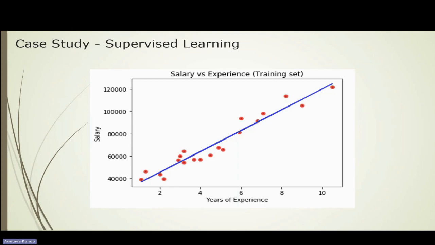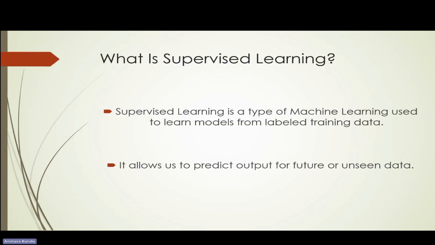What we have to do is build a model, and that model can do some prediction, like what should be the salary of an employee who has experience of 8.5 years, right? So using supervised learning, we can do some prediction. In supervised learning, we have been given input and output both.